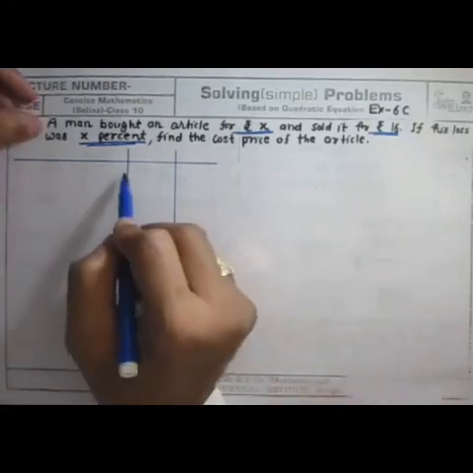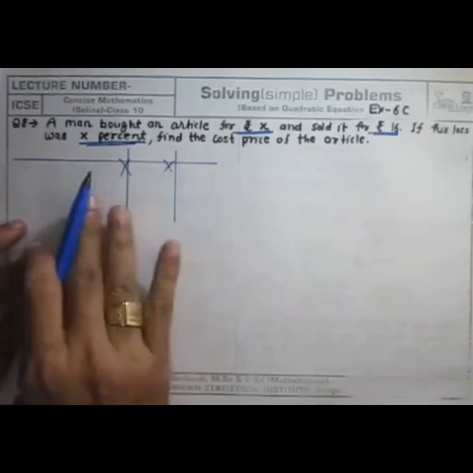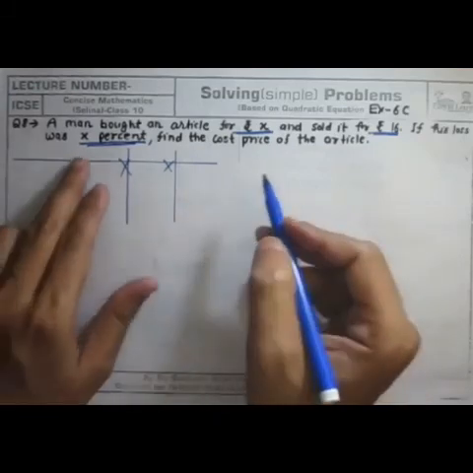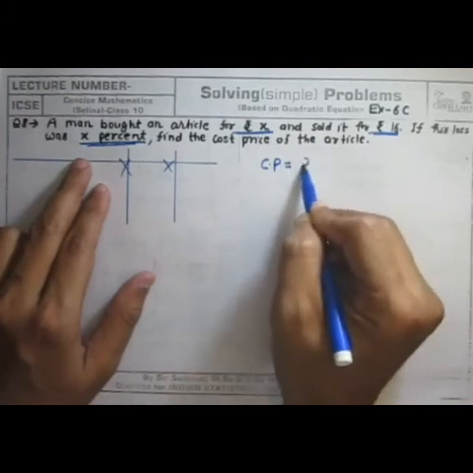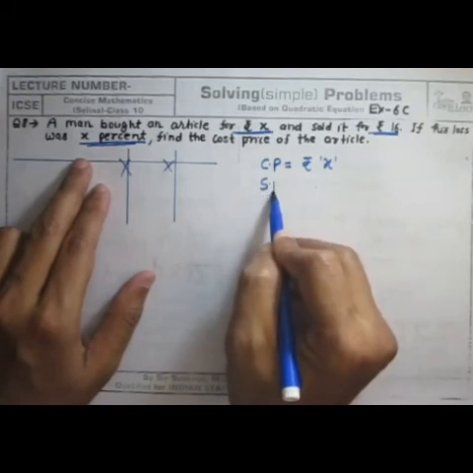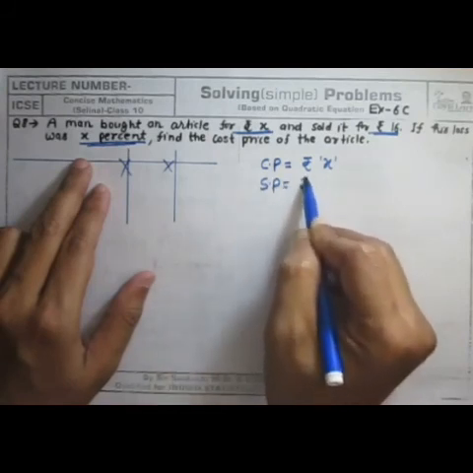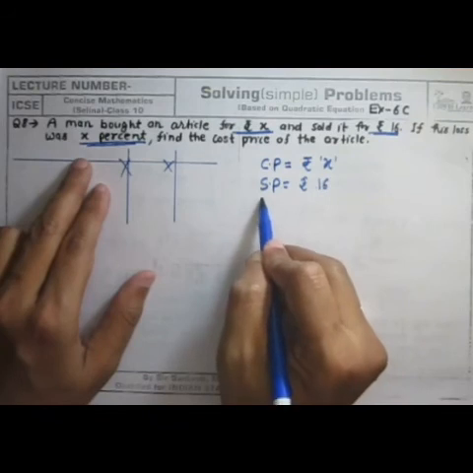This is not a distance, time, speed problem, so don't make the column. So here the cost price of the article is given, rupees x, and the selling price of the article is given, rupees 16.